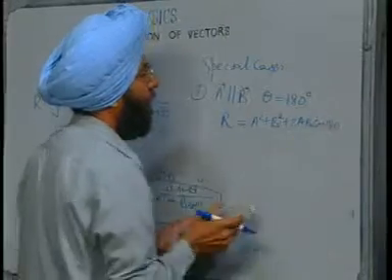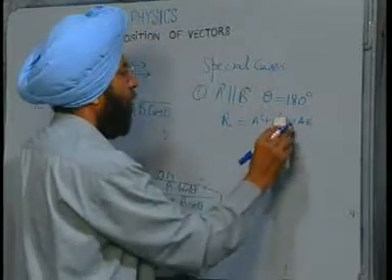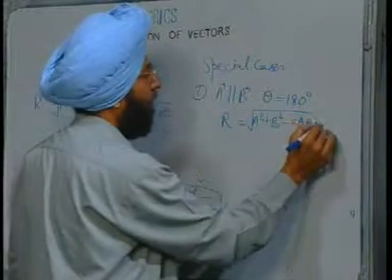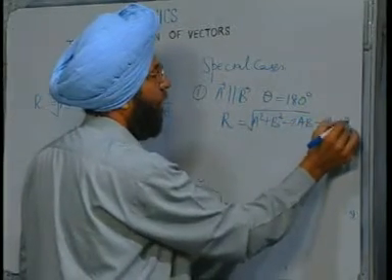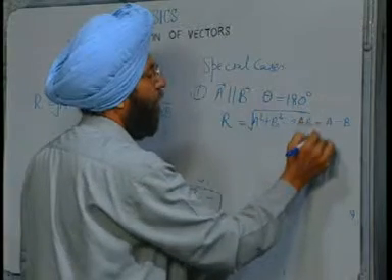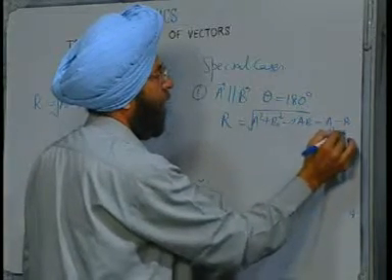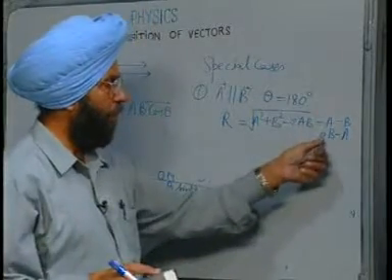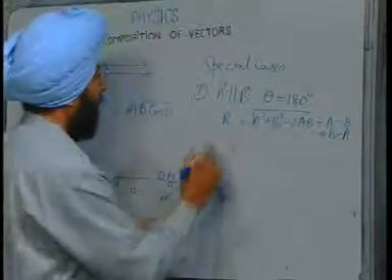Cos 180 degree is minus 1. So, we use here minus 1. Square root of this is A minus B or B minus A, depending upon which is bigger: A minus B if A is bigger, B minus A if B is bigger.